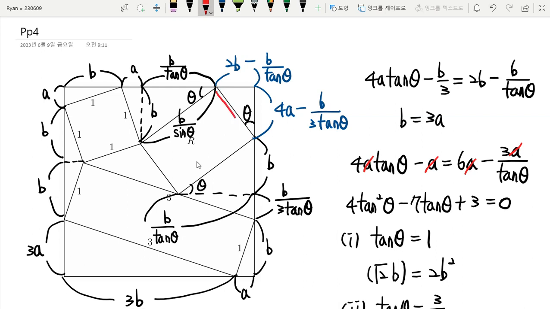This length, if tangent theta is 3 over 4, so this one is 2b over 3.